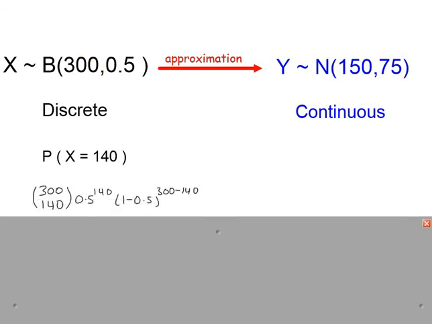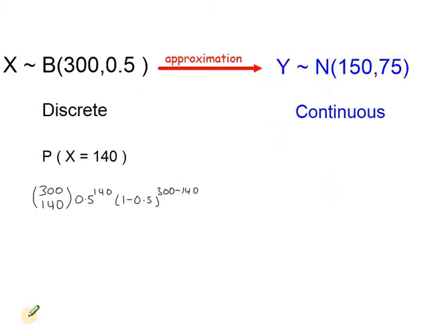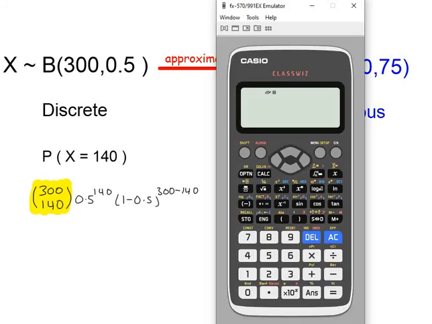Here's the binomial formula, this one here. So if I try and just do this part in my calculator, so 300 C 140, I'll get a math error. The number's too big for the calculator to handle.